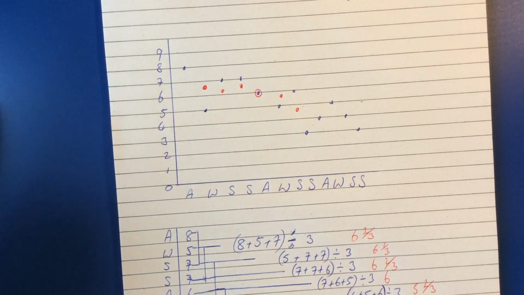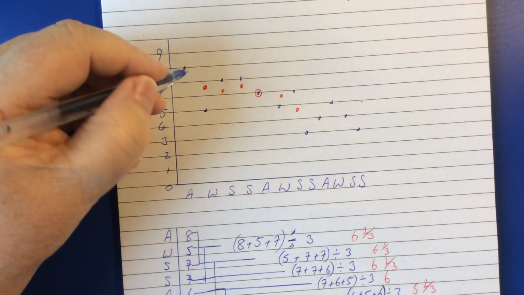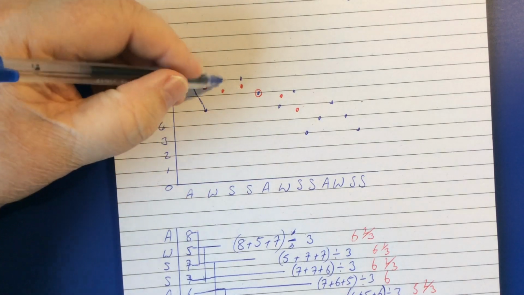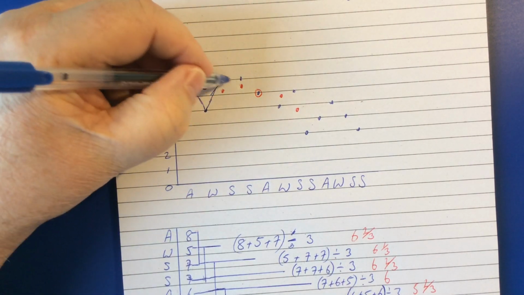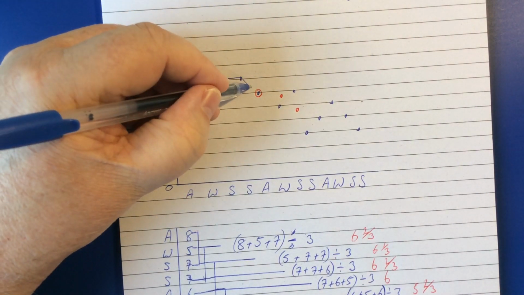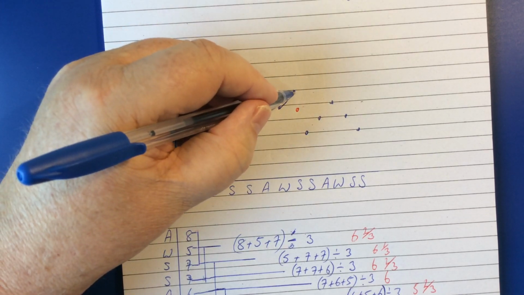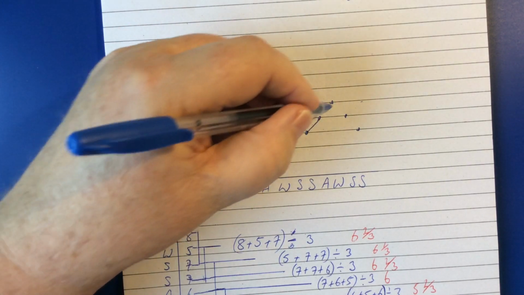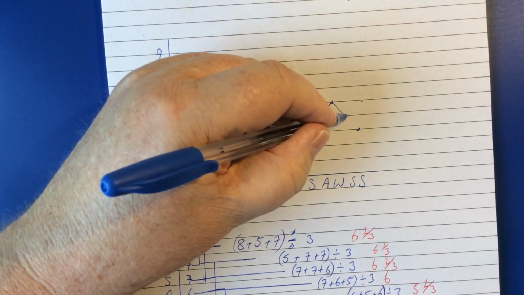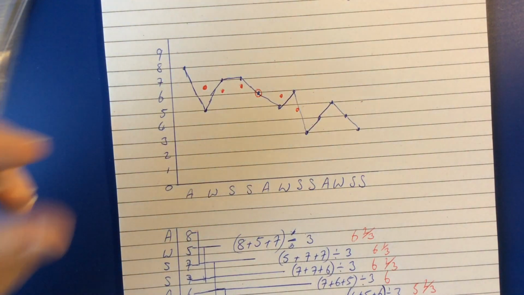Okay, now you're not going to see the effect of this until I join the dots, so I'm going to do that now, and we'll just do this for all of the blue data, and then I'm going to join the red dots.